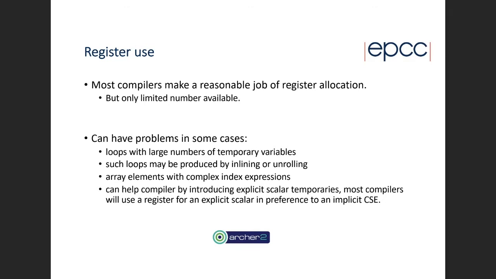It may not look like that in your source code, but once the compiler is done inlining and loop unrolling, you can end up with a lot of temporaries or array elements with complicated index expressions and so on. You can sometimes help the compiler by putting explicit scalar temporaries in your code. Most compilers will use a register for an explicit scalar in preference to an implicit common sub-expression elimination.